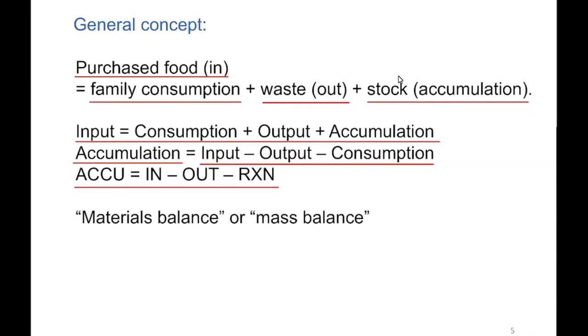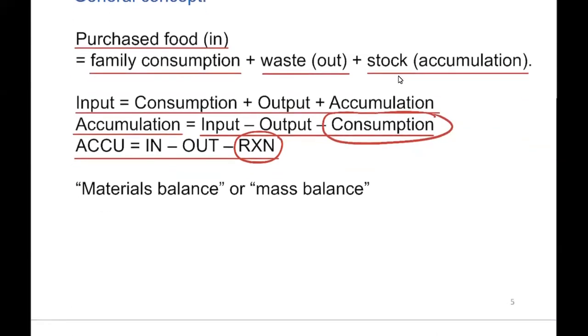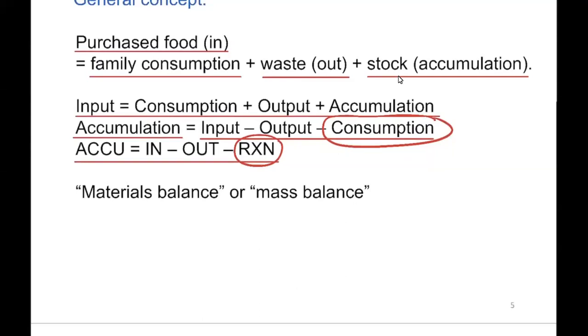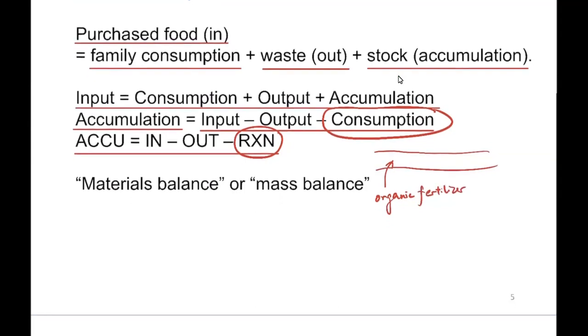Here you can also see that I replaced consumption by the reaction. This is mainly because in environmental engineering systems, for example, when we talk about the degradation of organic fertilizer, we gave this example in our last class.